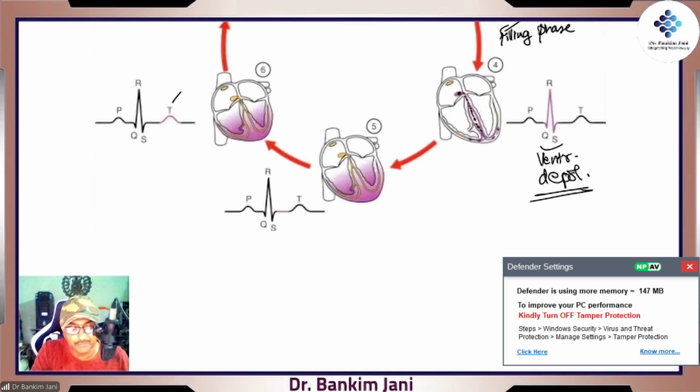It is this T wave which is called ventricular repolarization. That's how this cycle keeps getting repeated, one after another. So any query till this point, anything you want to ask?